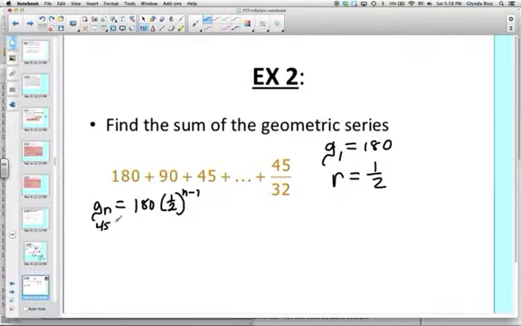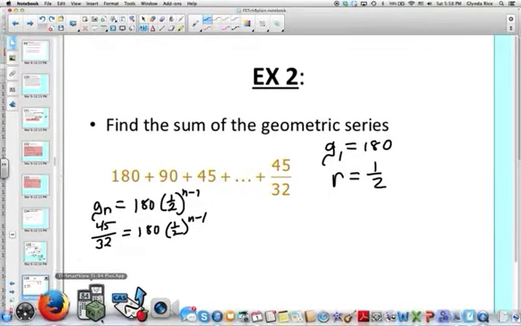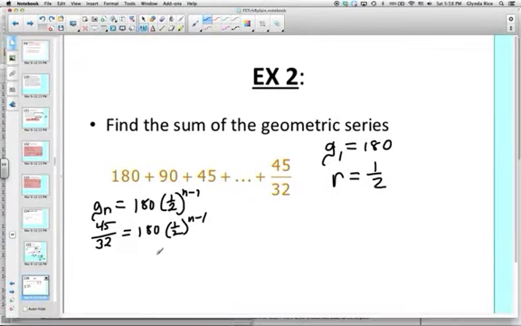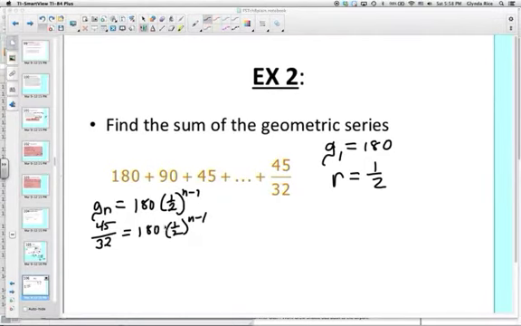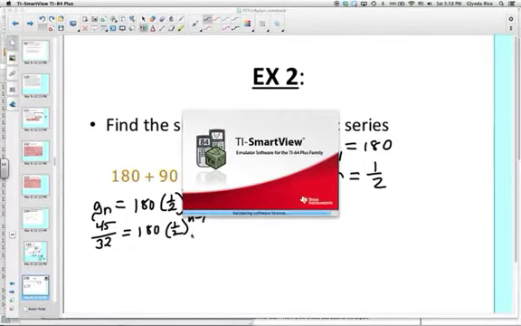Well, this is 4532. It equals 180 times 1/2 to the n minus 1. If we'd studied logarithms already, we could divide by 180 and then take the log of both sides and get n by itself. Feel free to do that. It's actually next chapter. But since we haven't, you can see I've started my calculator.